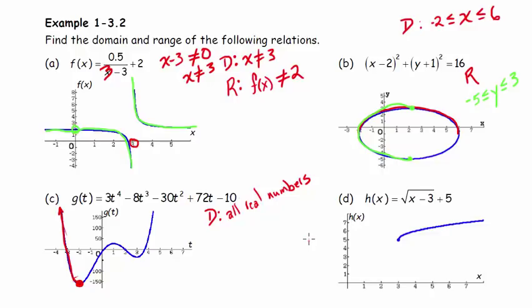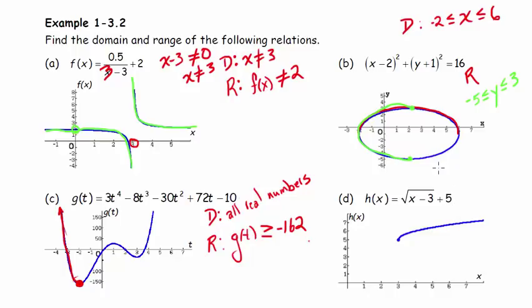Alright, so my range then, we know g of t must be greater than or equal to -162. We never go below there. And then it can keep going up and up and up.